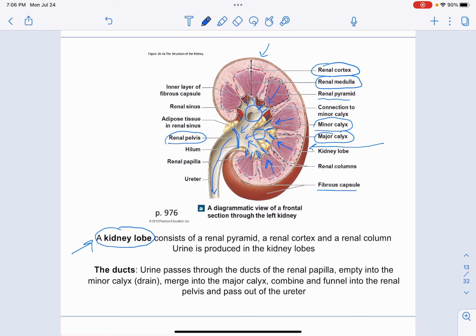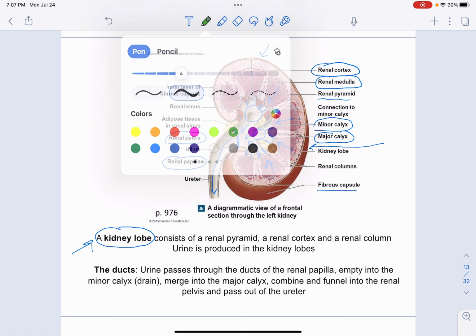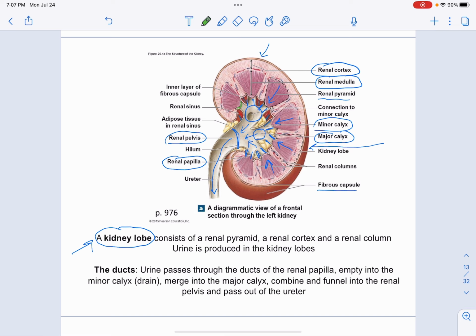All right, I was just looking over everything, and the only other term that I forgot to go over is the renal papilla. The papilla, let me change colors so that you can see. Let's do green. The renal papilla are these little tips right here. Remember, papilla means nipple-like. Those are the renal papilla.